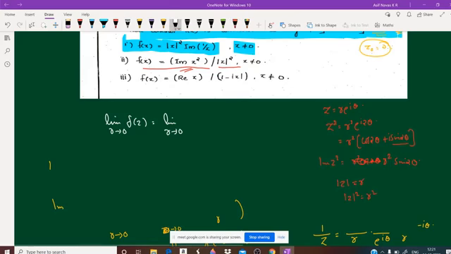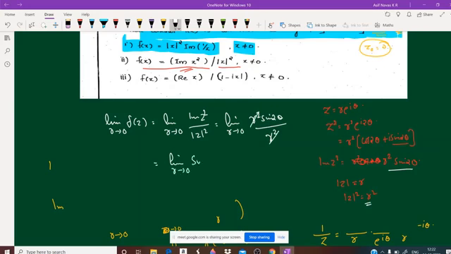So now we will write this: the imaginary part of z square divided by mod z square is limit r tends to 0 of r square sin 2 theta divided by r square. Now you can cancel out r square and r square, which gives limit r tends to 0 of sin 2 theta.